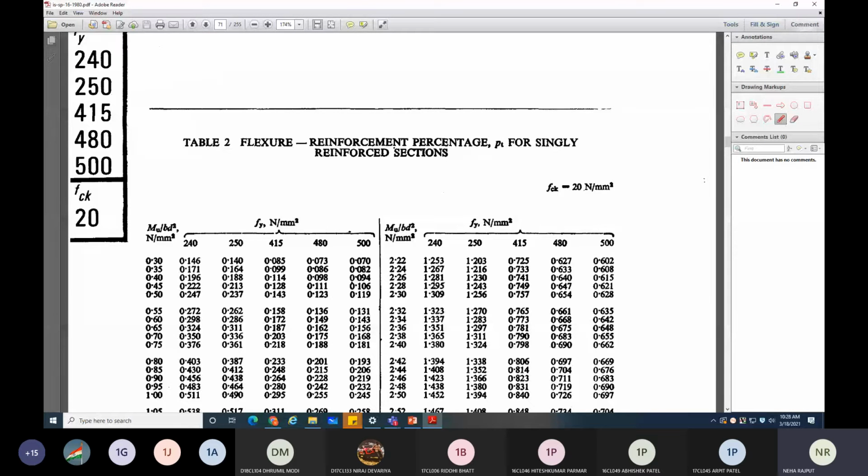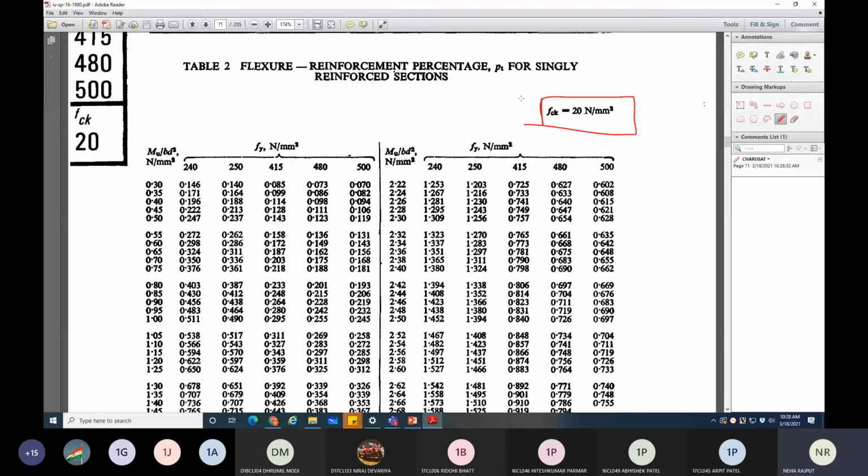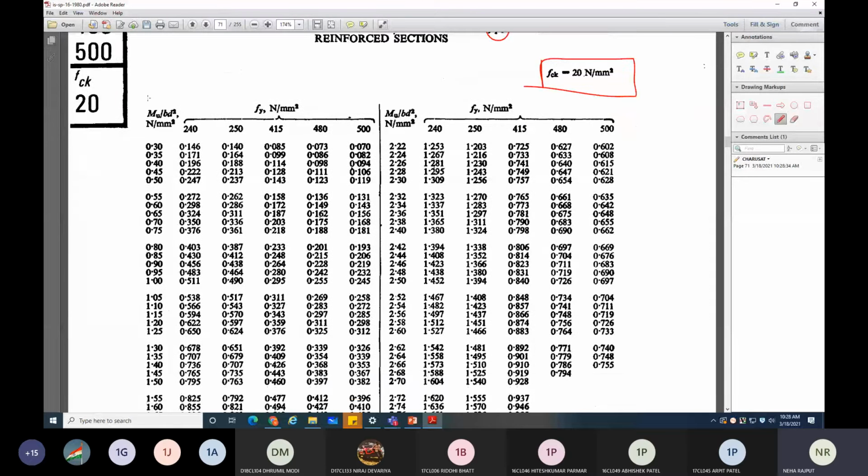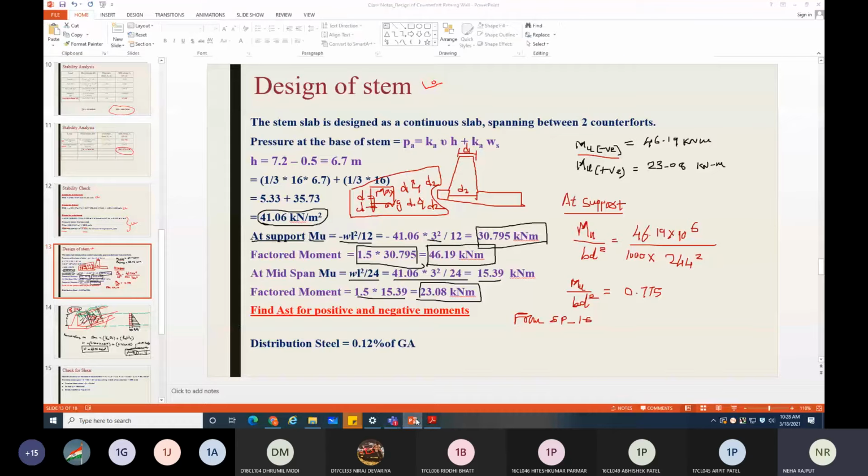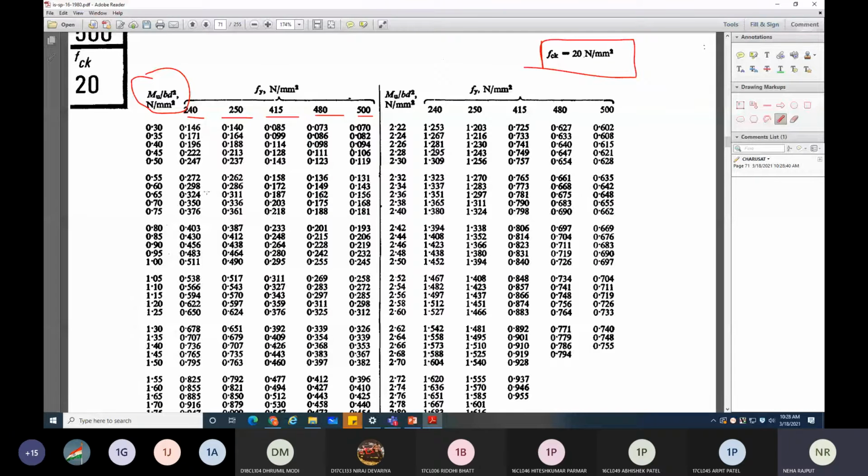Right. This table number 2, fck 20. This is for percentage steel, Mu upon bd square, and these are all the grades of steel. Right, so your Mu upon bd square is 0.775. So you need to take a value more than 0.775. 0.775 means 0.8 you can consider. So this is 0.8. Your grade of steel is Fe415. So for this 0.8 and for Fe415, your percentage steel is 0.233. So from this you can find 0.233 percentage steel.